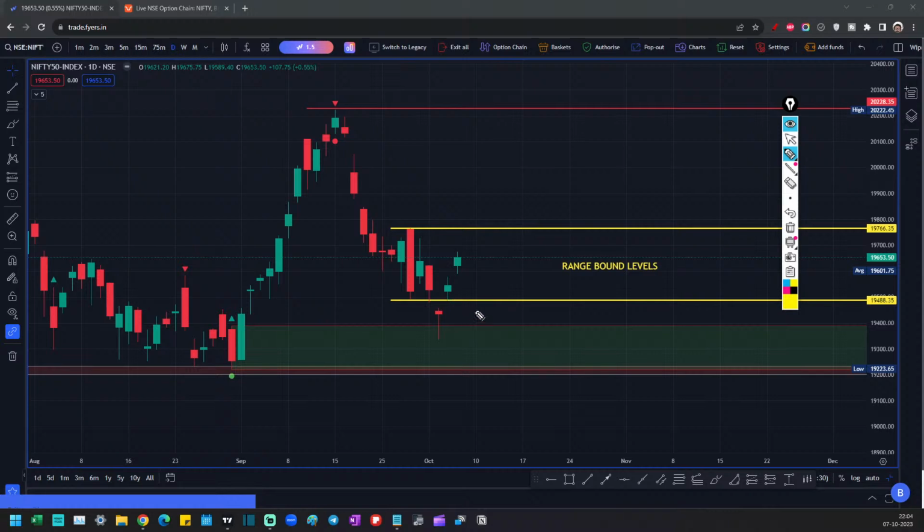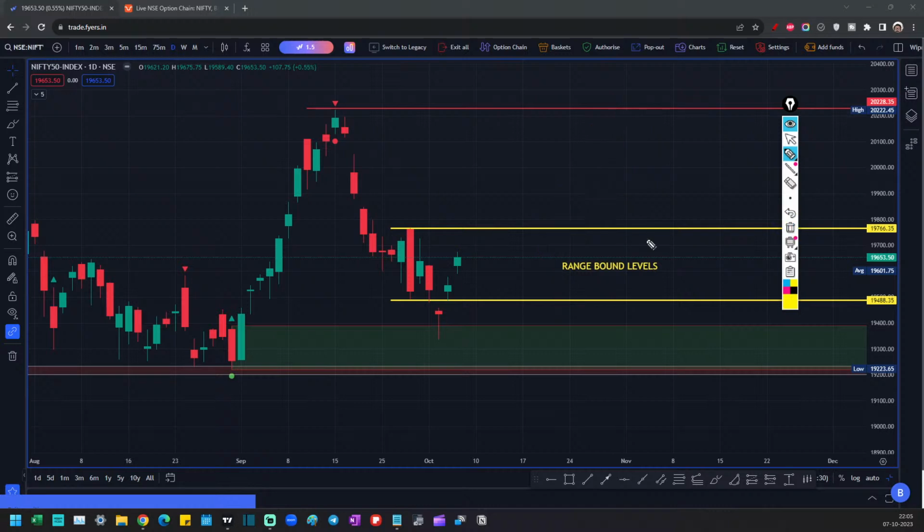If you look at Thursday's candle, it is this, which means there is no good bull power that is seen in the market. And Friday's data is also something similar, but these two candles are happening after two gap up range bounds.